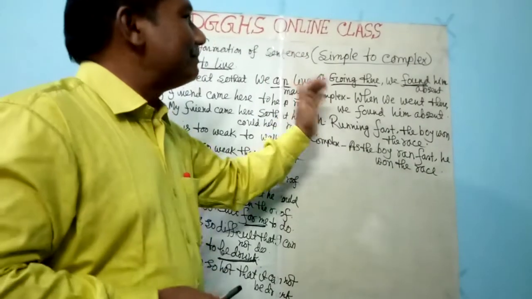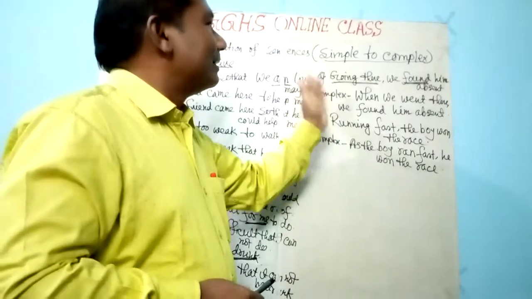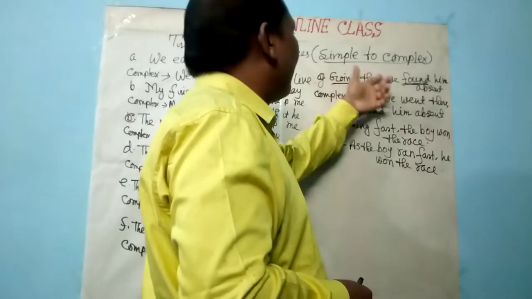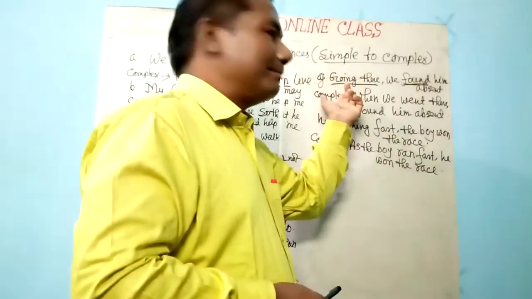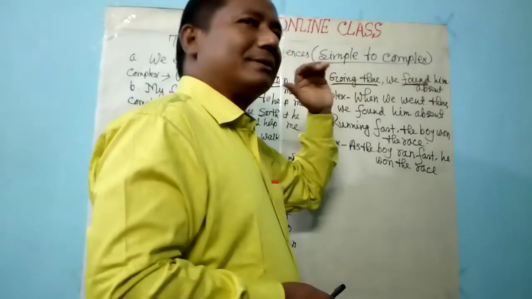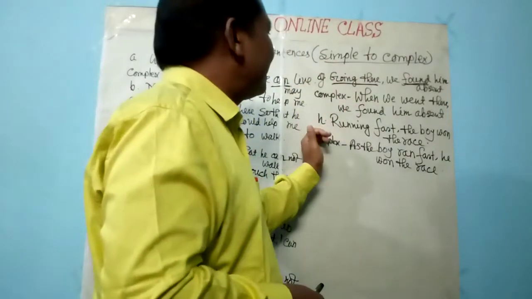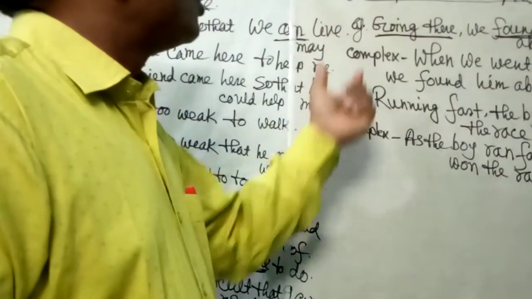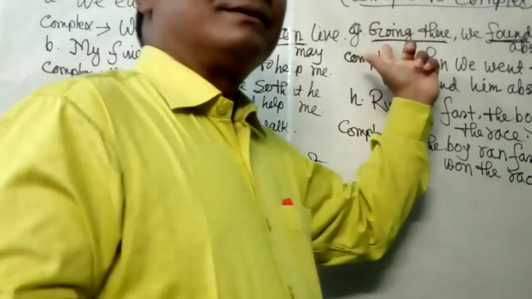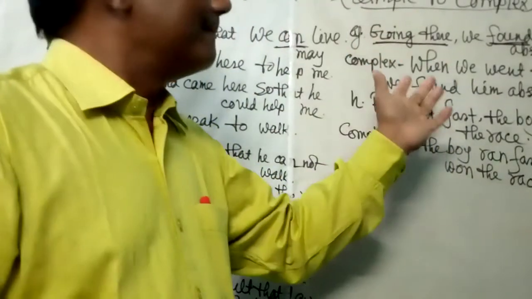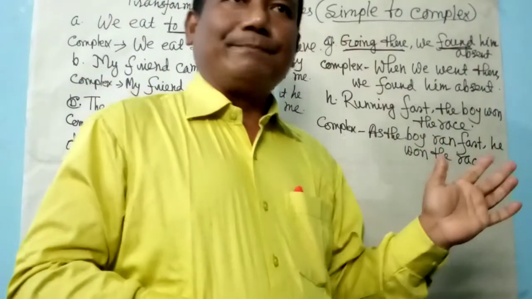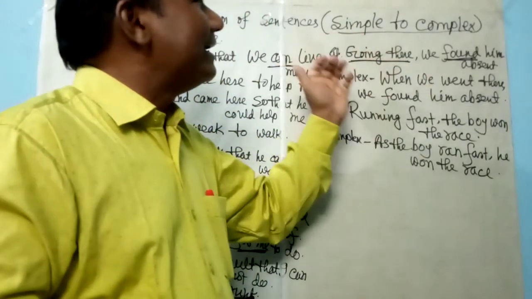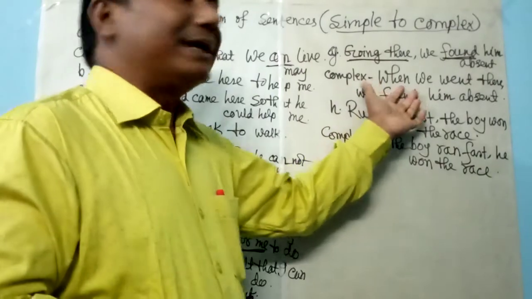If a simple sentence is shown with the application of present participle, that means if present participle is used with a simple sentence, then in order to make it complex, if the present participle phrase means time, then in order to make it complex, we will use here when.